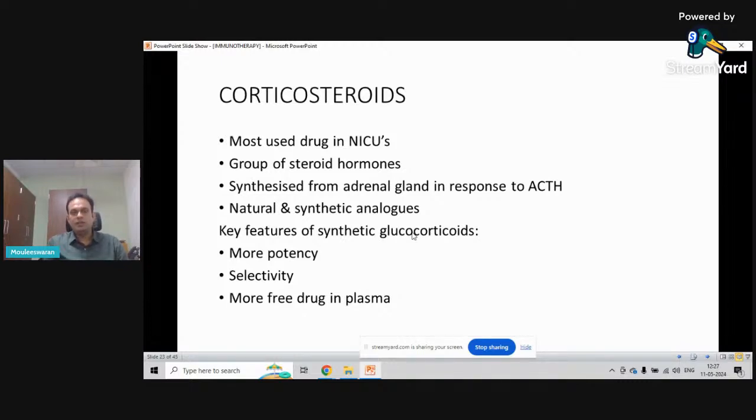these are one of the most commonly used drugs in the neurointensive care practice for any autoimmune neurological disorders, and they are synthesized from the adrenal gland in response to ACTH. They are available as natural drugs as well as synthetic analogs. The synthetic glucocorticoids are more potent and they are more selective in their action, and more free drug is available in plasma for action.